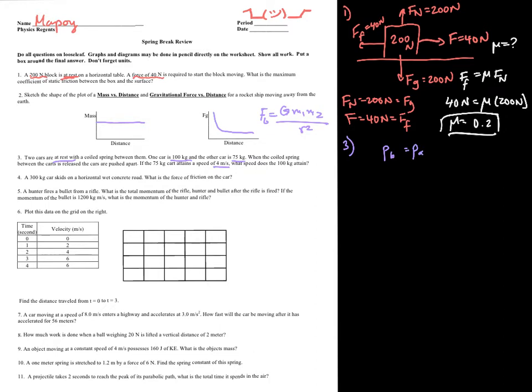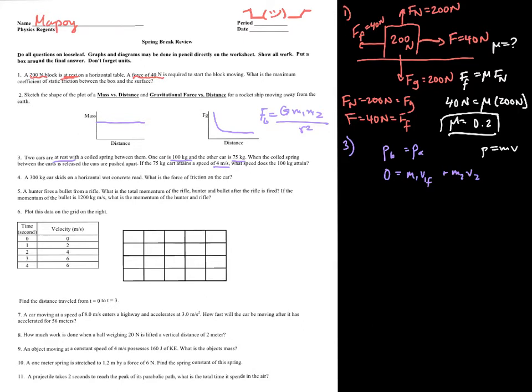Two cars are at rest, so before you release the spring, everything's at rest here. So there's no momentum. It's not moving. Whereas afterwards, the 2 cars separate: m1v1f plus m2v2f. Let's remember that momentum here is equal to m times v.